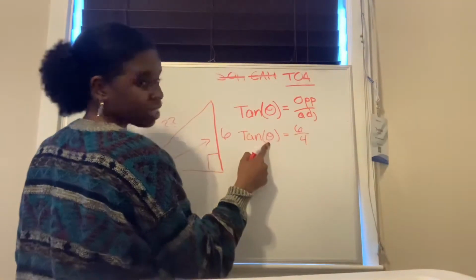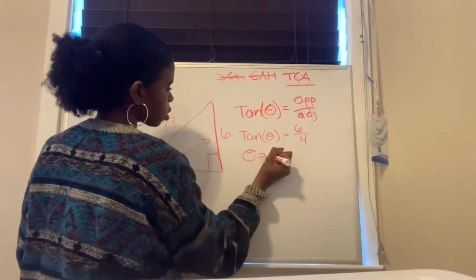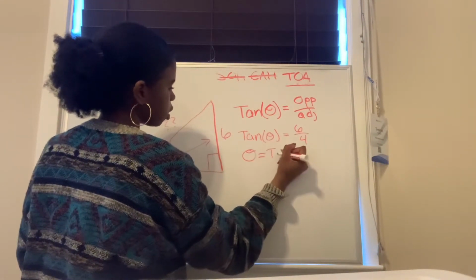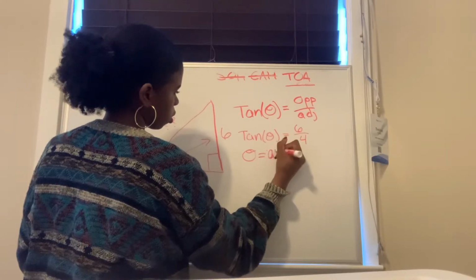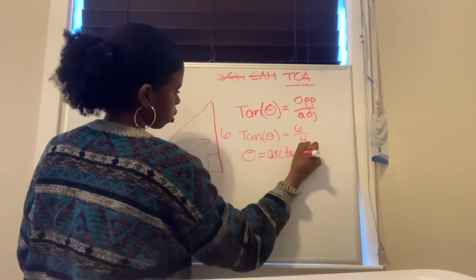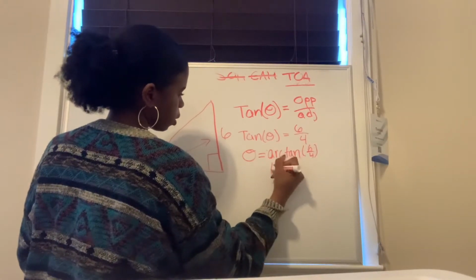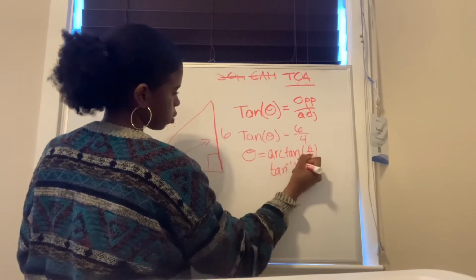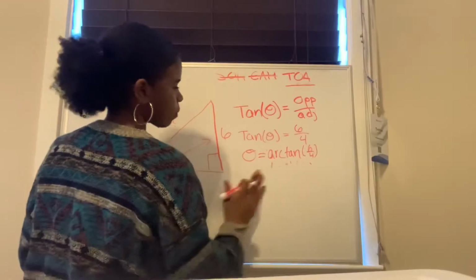Now, we still need to get theta by itself. So we're going to take the arctan. You can either spell out arctan, I'm going to spell it out this time, or use the tan to the -1, but this means the same thing too. Both mean the same thing.